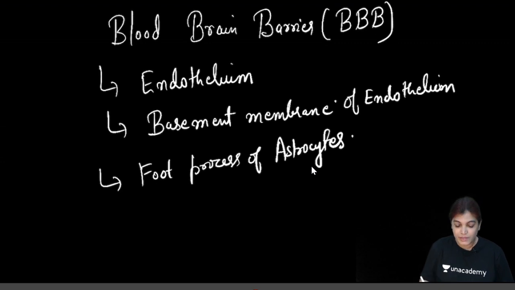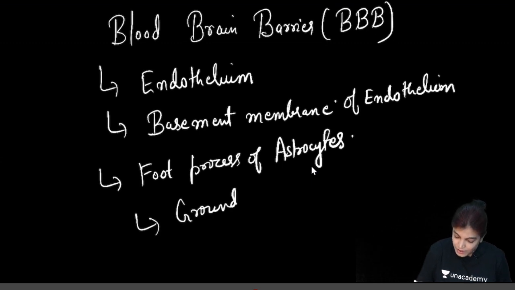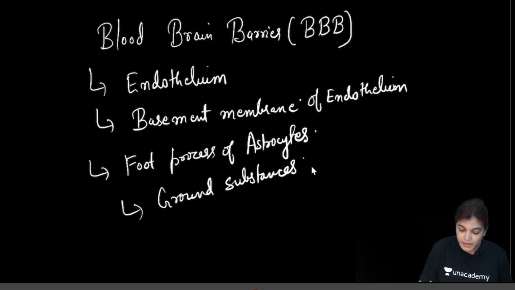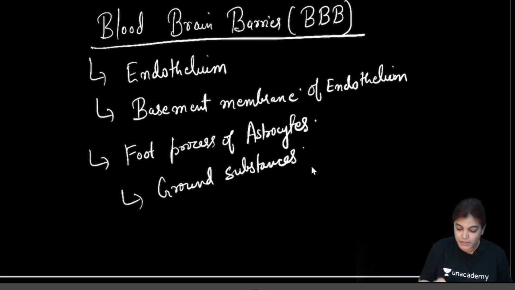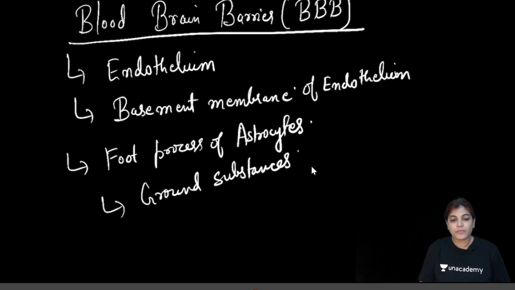In association with it, we have other structures like neuroglial cells, and also ground substance. All these structures together contribute to the blood-brain barrier. Certain areas do not have this blood-brain barrier.